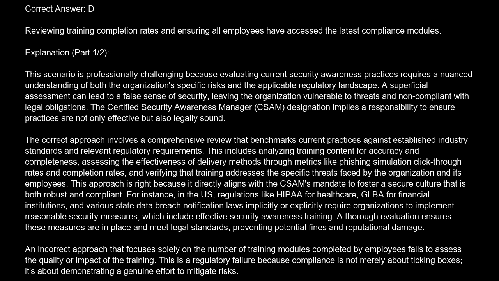This approach is right because it directly aligns with the CSAM mandate to foster a secure culture that is both robust and compliant. For instance, in the U.S., regulations like HIPAA for healthcare, GLBA for financial institutions, and various state data breach notification laws implicitly or explicitly require organizations to implement reasonable security measures, which include effective security awareness training.